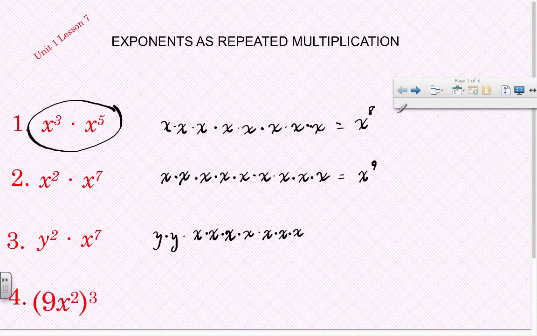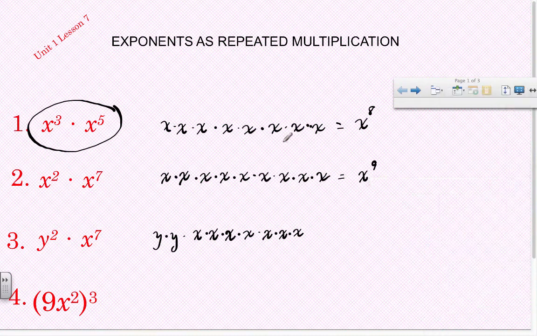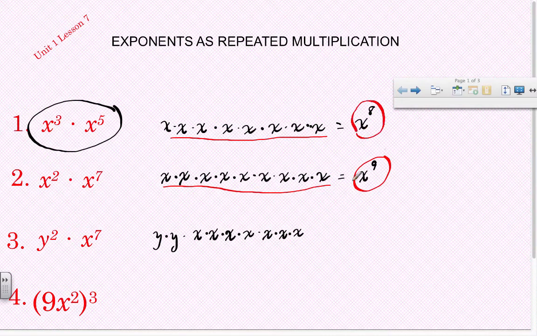Well, did you notice in these up here, I couldn't tell the difference where my x's began and ended. So we combined them all together into one answer. But down here, we can definitely see a distinct difference between the y's and between the x's.